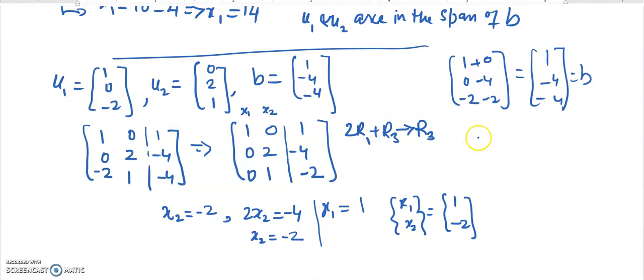So we can write it like this: U1 minus 2 U2 is equal to B. Because corresponding to X2 it will be minus 2.